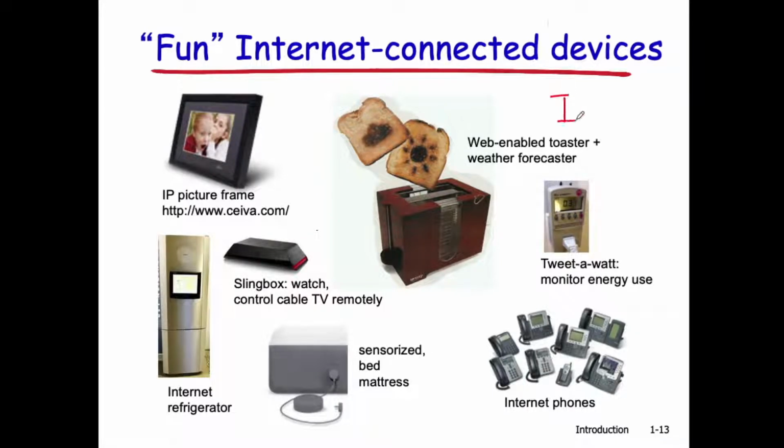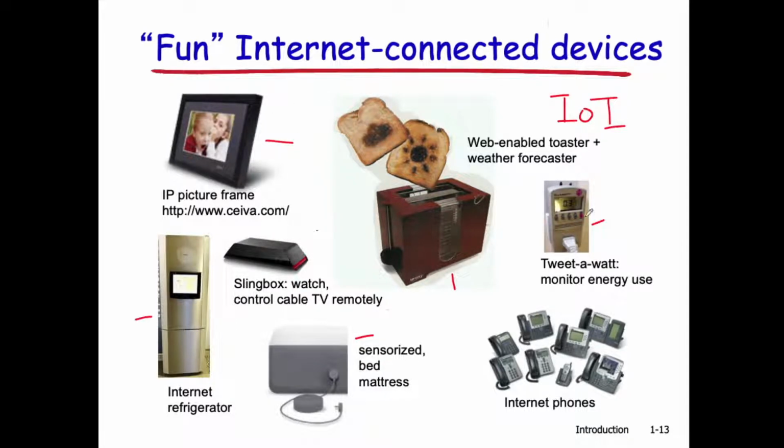They're called IoT, the Internet of Things. Things is a very general term because these things don't have a specific form. They could be an internet-capable toaster, power meter, mattress, fridge. And this is a picture frame.